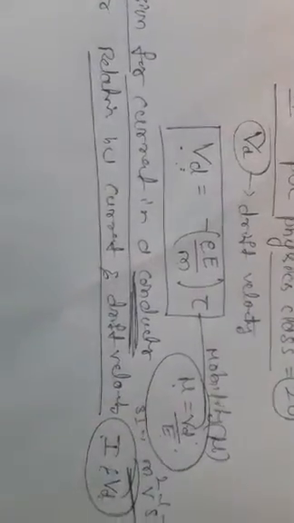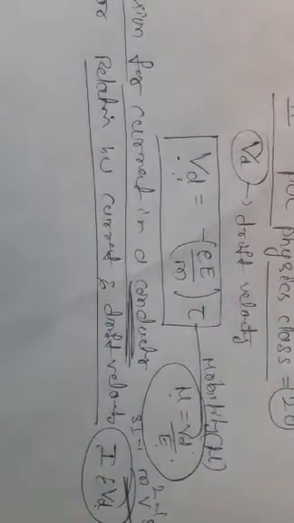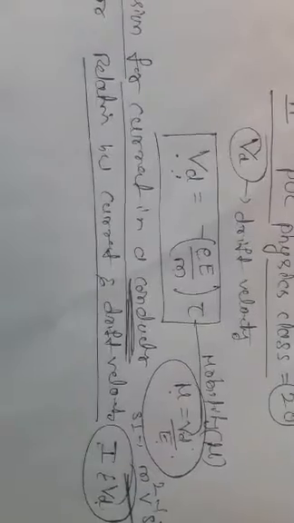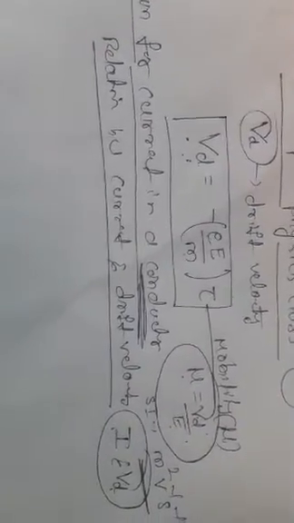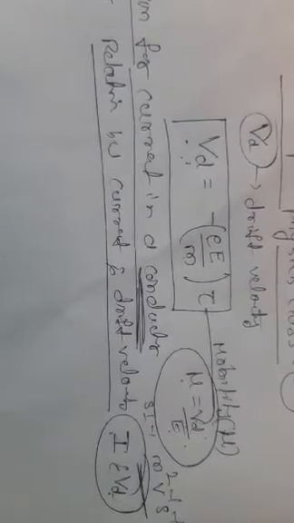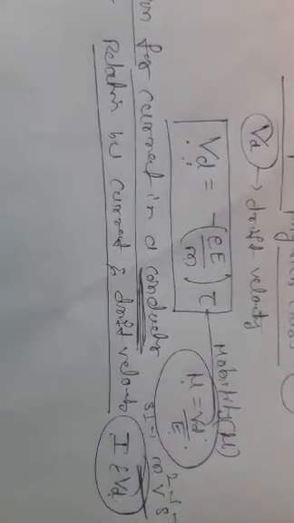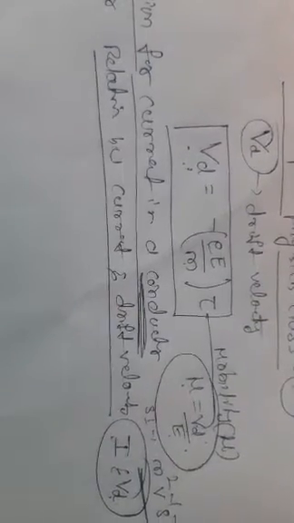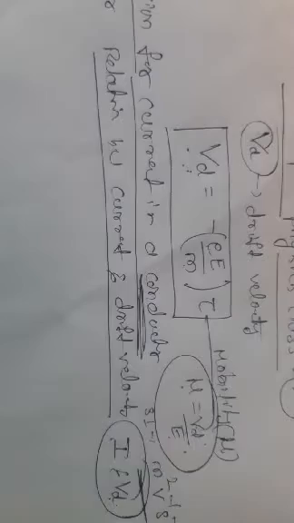What is the meaning of conductor? A conductor is a substance in which charges flow easily. Conductors and insulators are both materials.